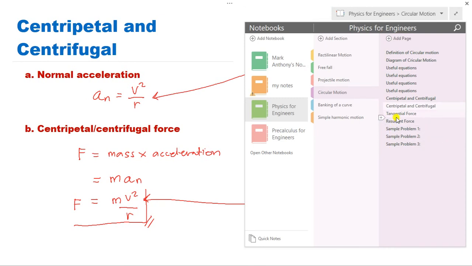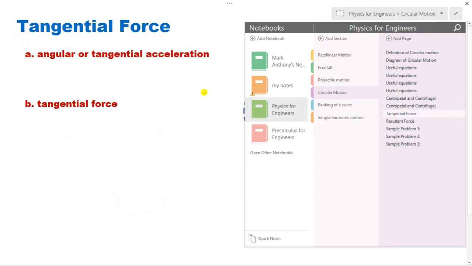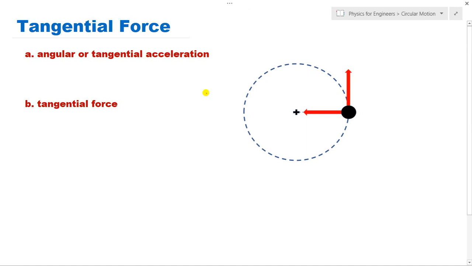So, in order to visualize this, but before our examples pala, meron din tayong tinatawag na angular or tangential acceleration so that we can find the tangential force. So, di ba recall? Meaning, ito yung tangential force natin. And this is our centripetal force. Our tangential force is tangent to the circular path. So, we have here tangential acceleration.